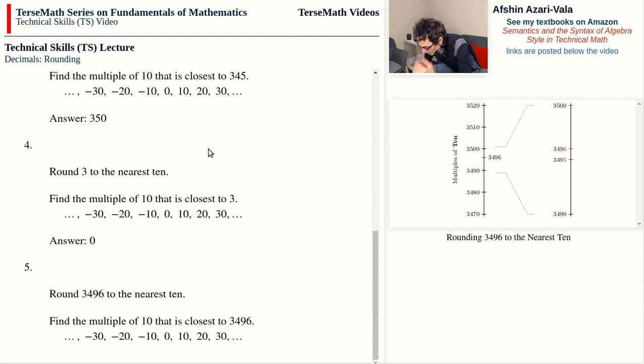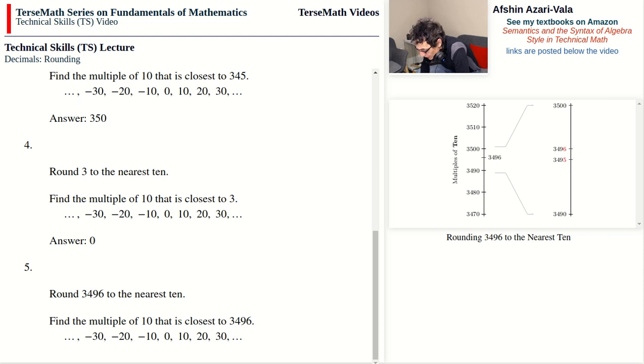Now in this case, we have sandwiched 3,496 between 3,490 and 3,500. And again, to figure out which one it's closest to, we take a look at the digit that follows the 10s, which is a 6. And this is more than 5, which means we are closer to 3,500.